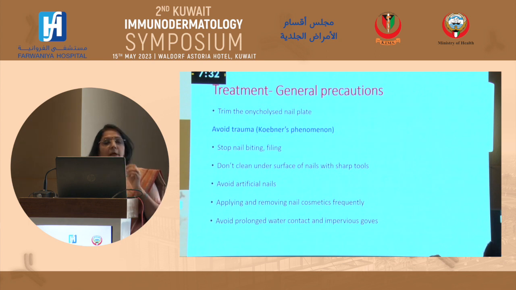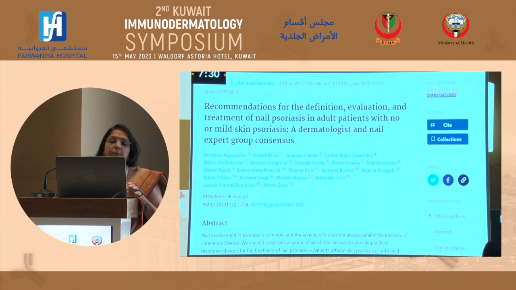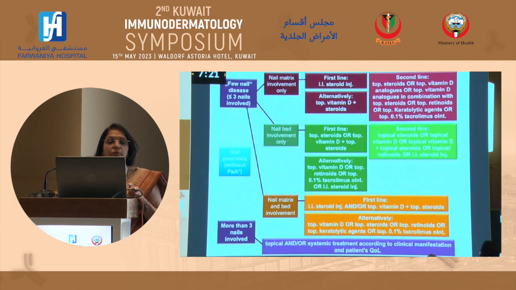So there are recommendations for the treatment of nail psoriasis. I was part of this expert group consensus published in JAD. If there is only nail matrix involvement, nail bed involvement, or both matrix and bed involvement, but the nails involved are fewer than 3, then the first line treatment, for all 3, is topical corticosteroid and vitamin D combination, like we have available to us, or there can be intramatricial injections.